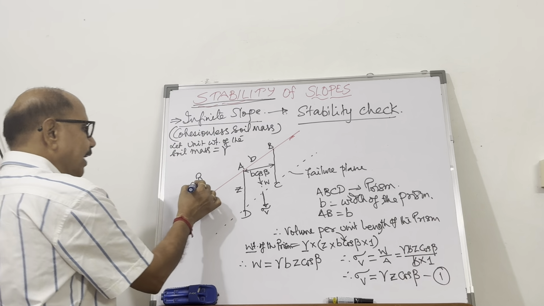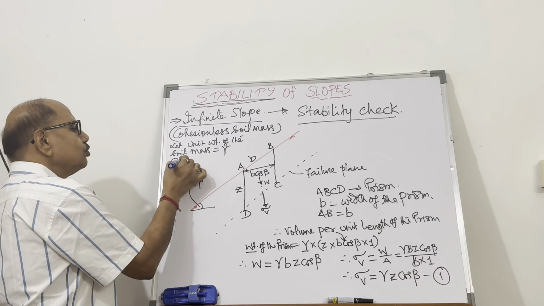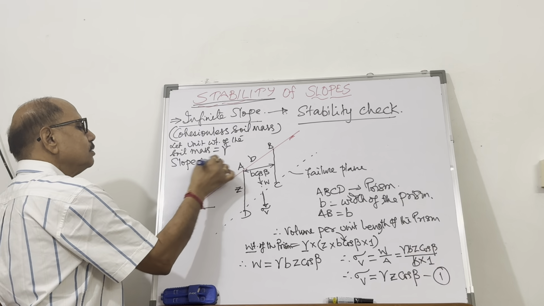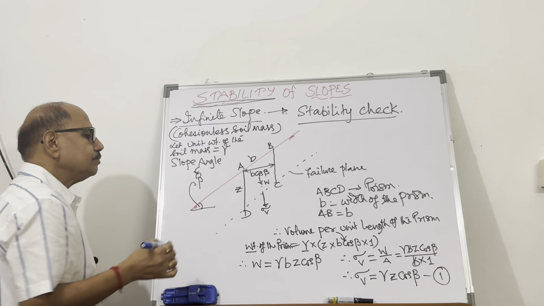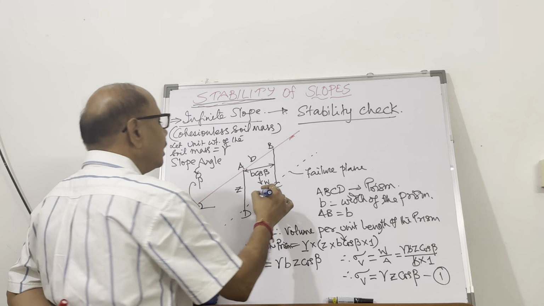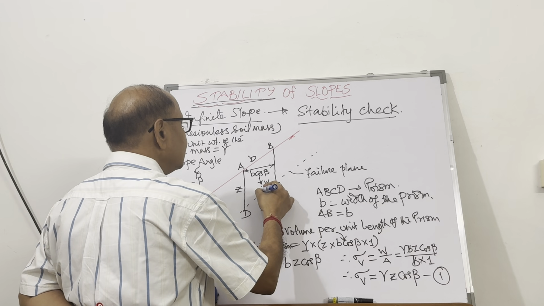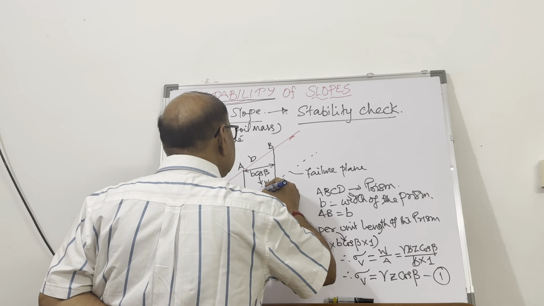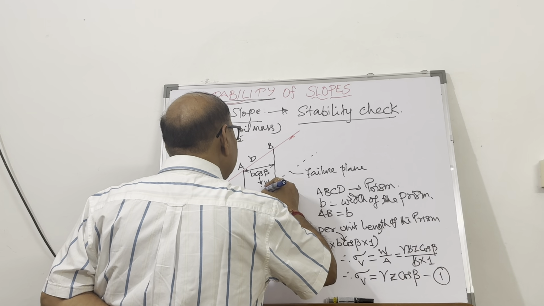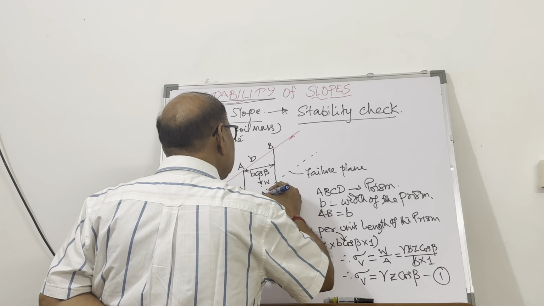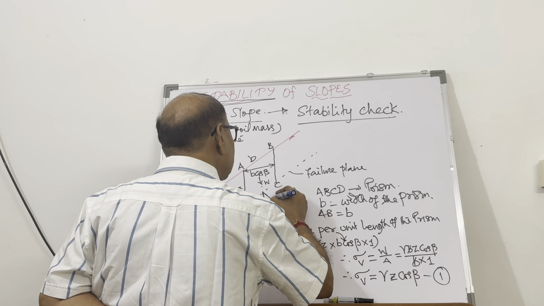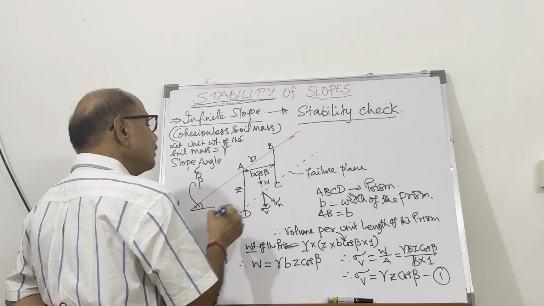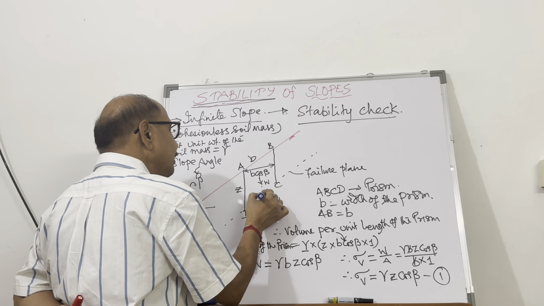So vertical stress is known to us. And because the slope angle is known to us, slope angle is beta, if you want to find out the normal component, normal to this plane, this is the normal component, sigma n, and this angle will be beta.